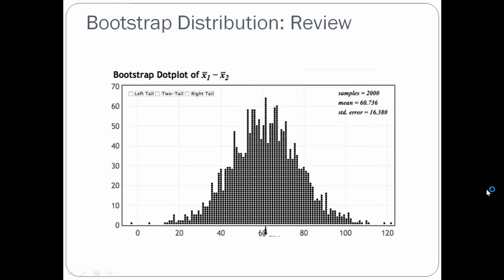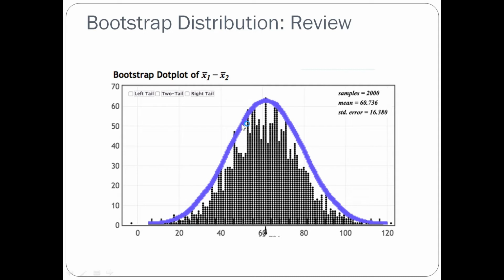This is a bootstrap. You can see that it is centered around 60. It has a standard error that is equal to 16.38. Now, if you look at the shape of this graph, you can see that we can draw a smooth line that looks bell-shaped, and we can actually look at it as a normal distribution.